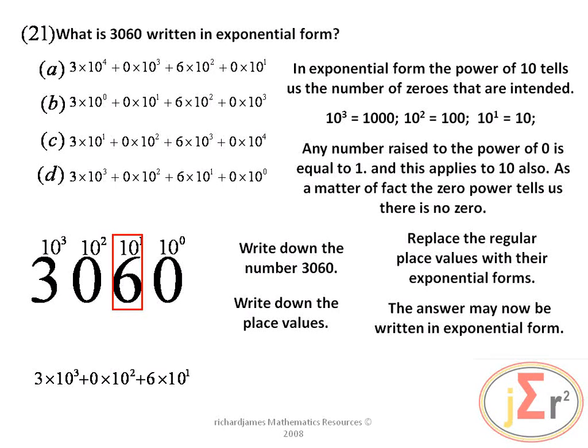Plus 6 times 10 to the power of 1. And finally 0 and 10 to the power of 0. So 0 multiplied by 10 to the power of 0. The answer is option D.